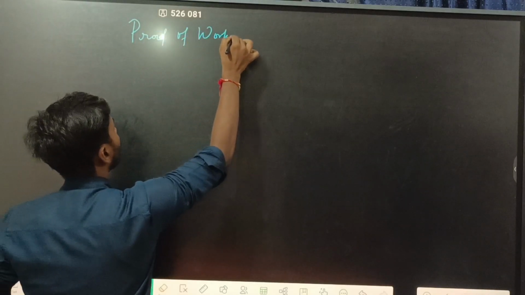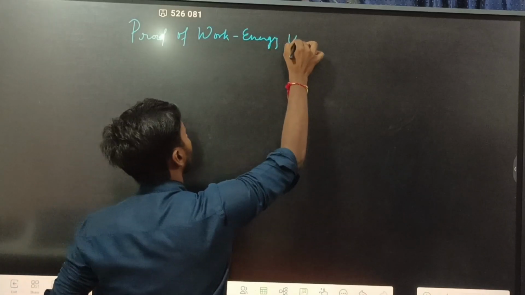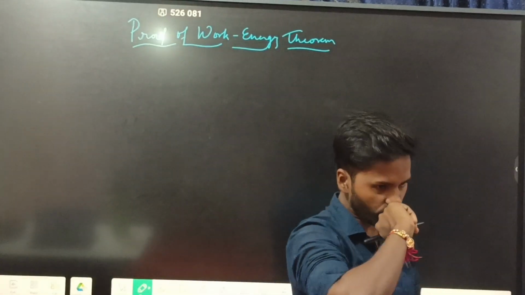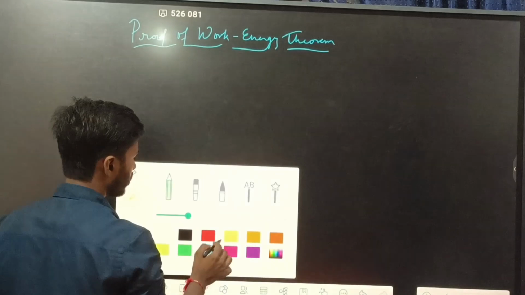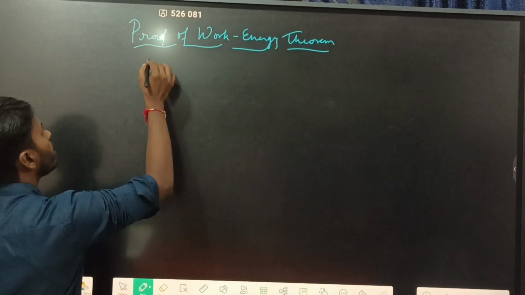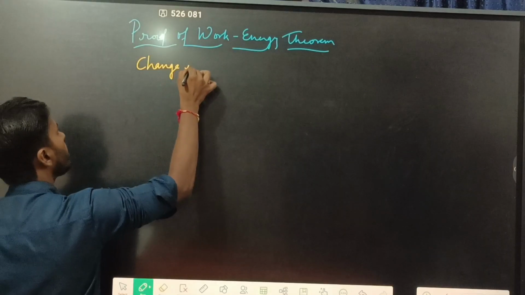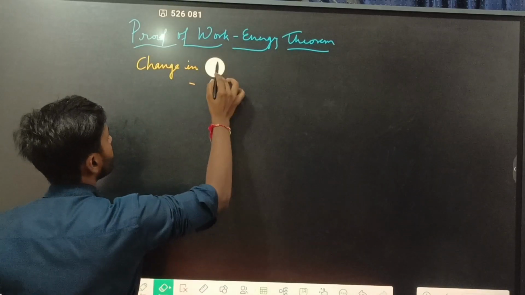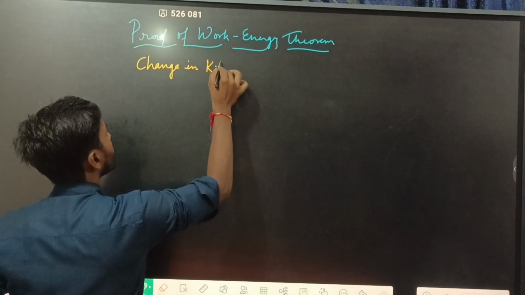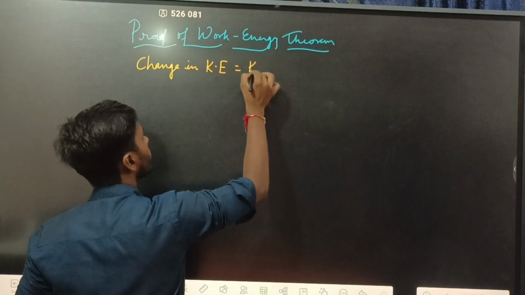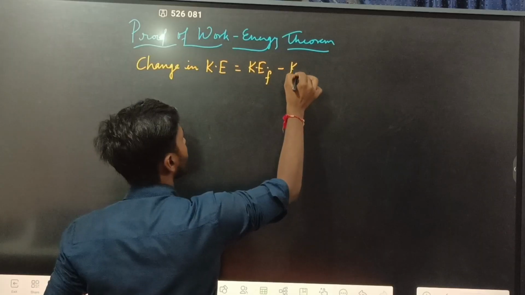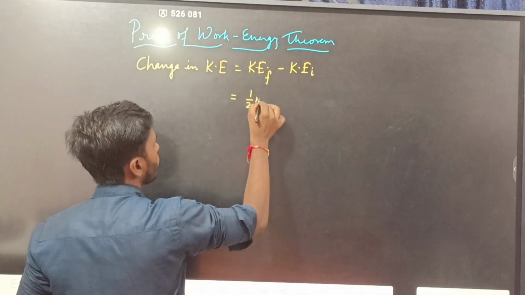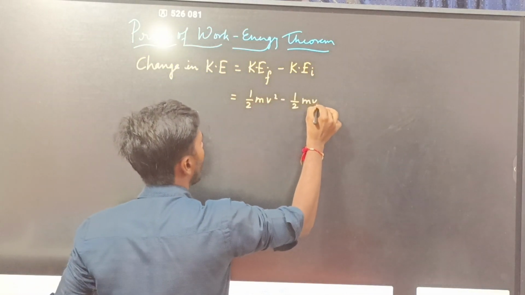Proof of work-energy theorem. Okay, what we have: change in kinetic energy is equal to kinetic energy final minus kinetic energy initial, or we can write it like 1 by 2 mv square minus 1 by 2 mu square.